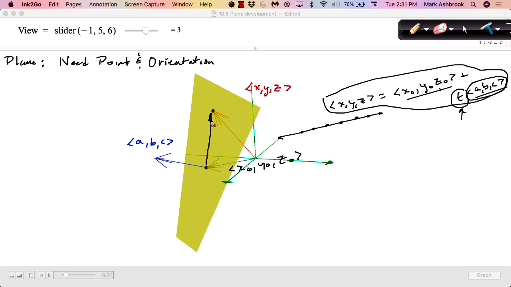That's in the plane, or parallel to the plane. How do I write that mathematically? These are tail to tail, right? Completing the triangle, it'd be what minus what? x minus x naught. Yes, it's this red vector minus the black vector.